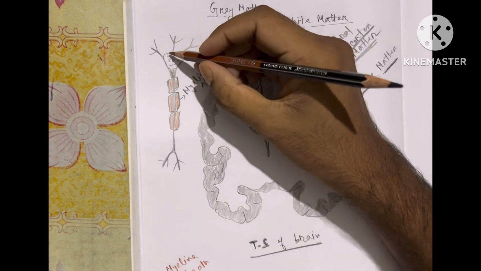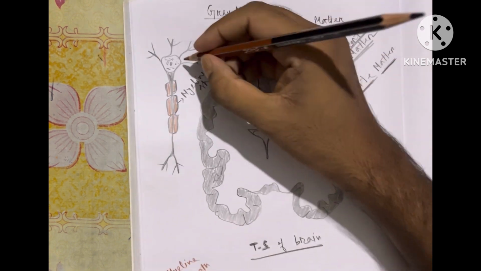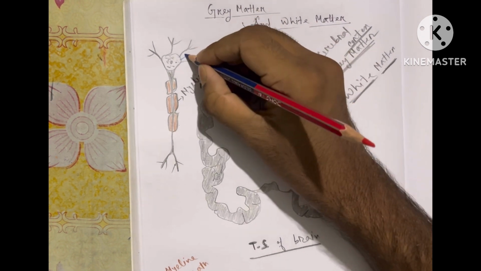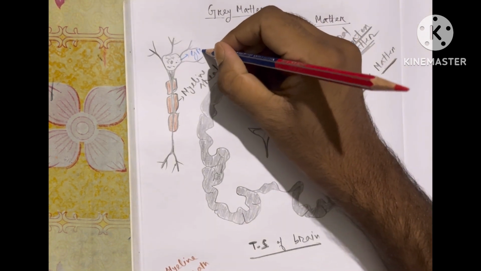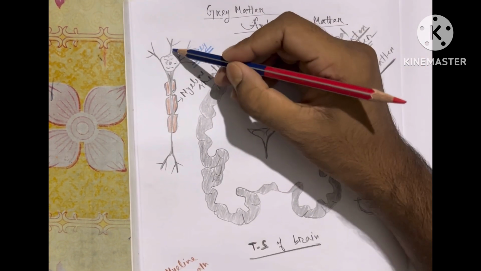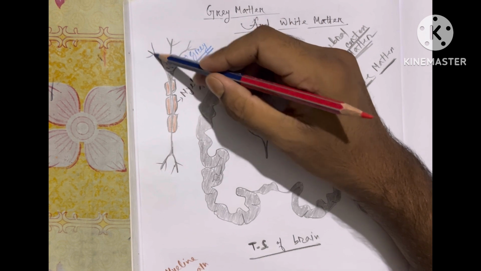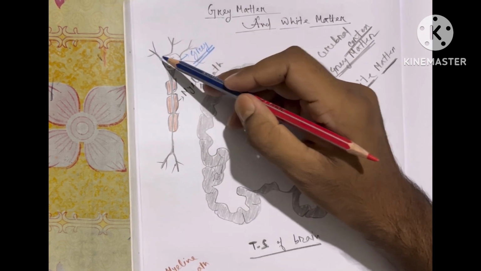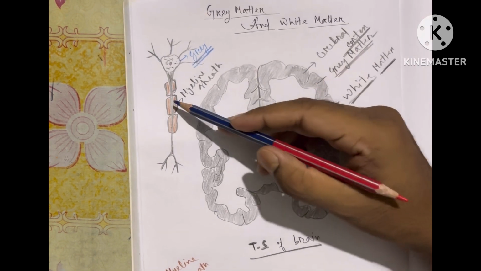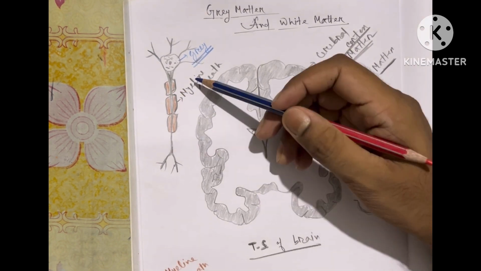And our cell body's color is gray. The color of our dendrites and cell bodies is gray.